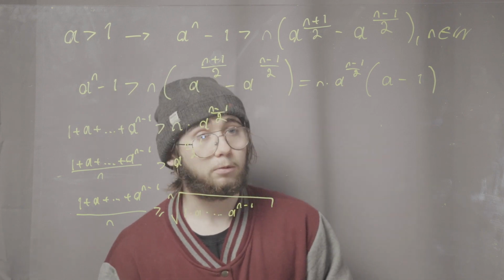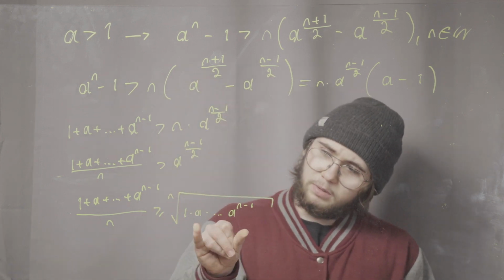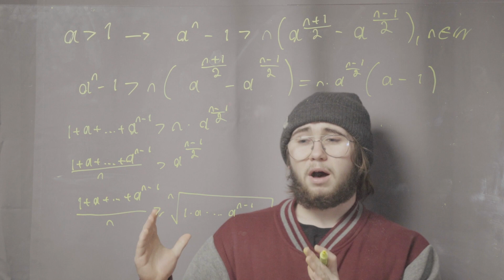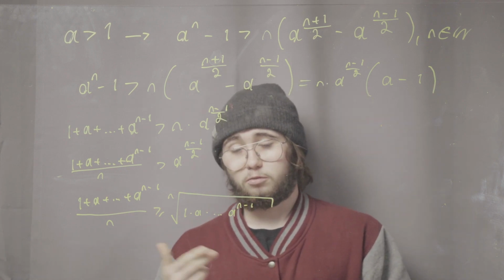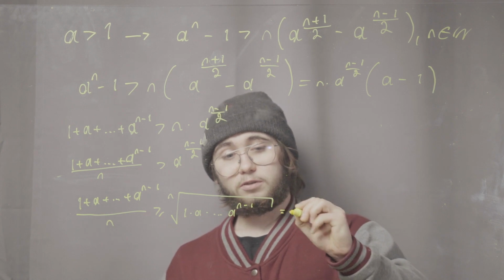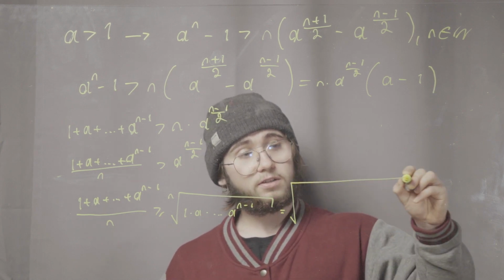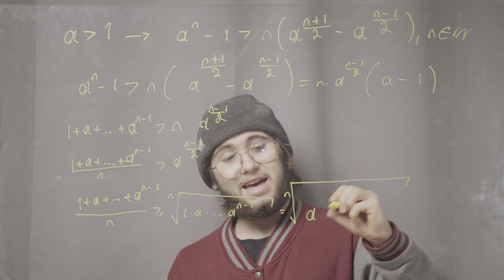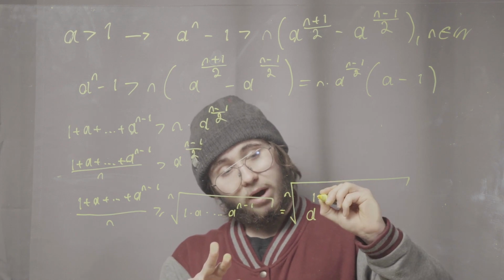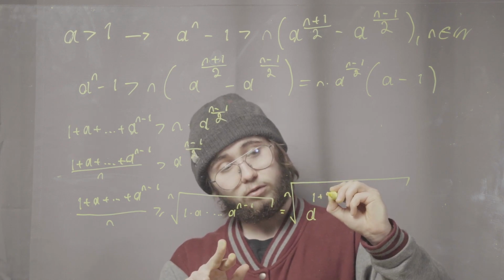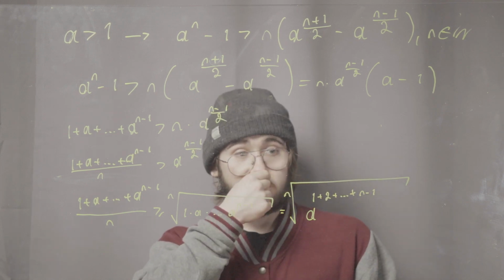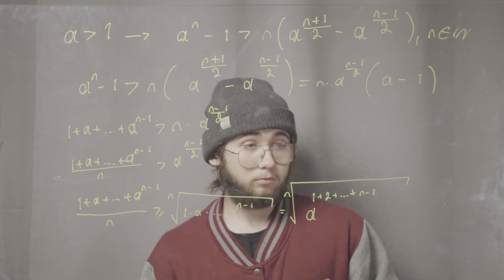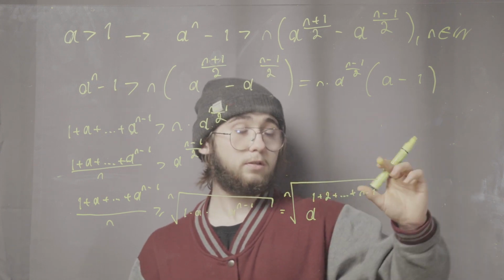When we multiply those powers of a, we just add the exponents, so this will be the nth root of a to the power of 1 plus 2 plus, and so on up to n minus 1.